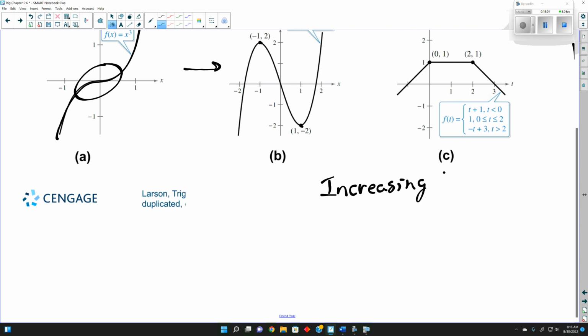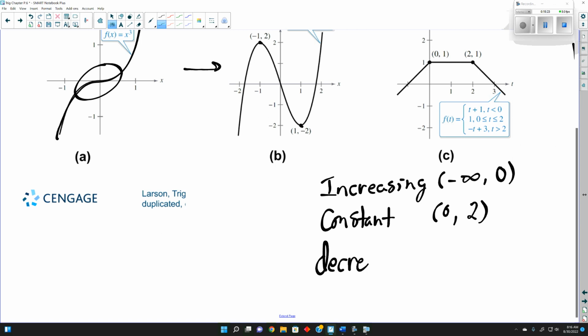We start off increasing from negative infinity to what x value? 0. What happens at 0? Yep, it's constant from 0 to 2, and then we start decreasing from 2 to infinity.